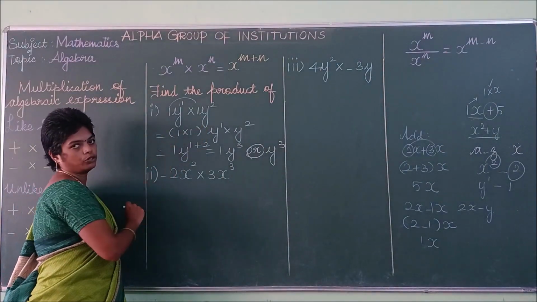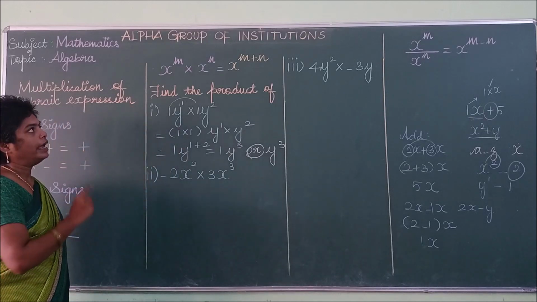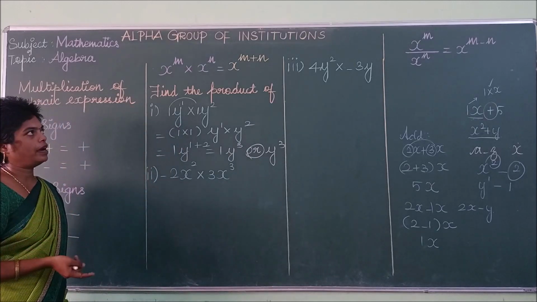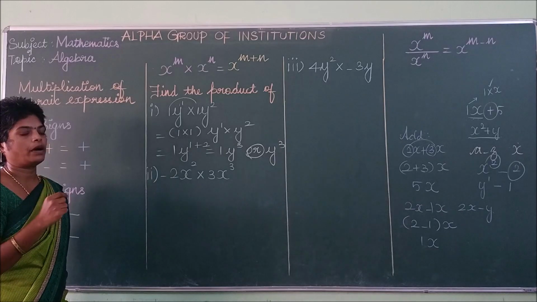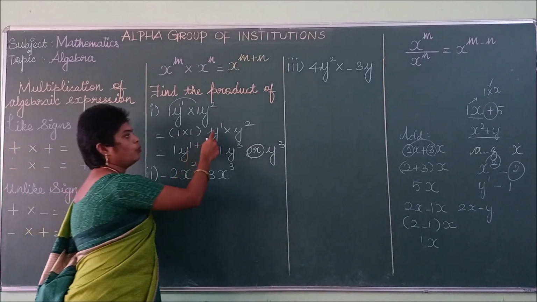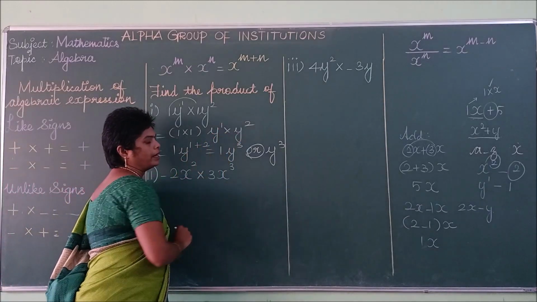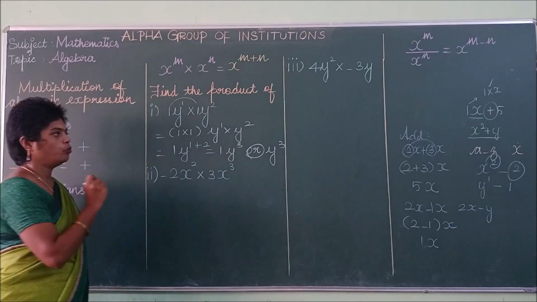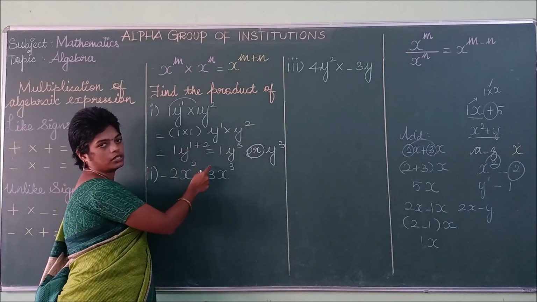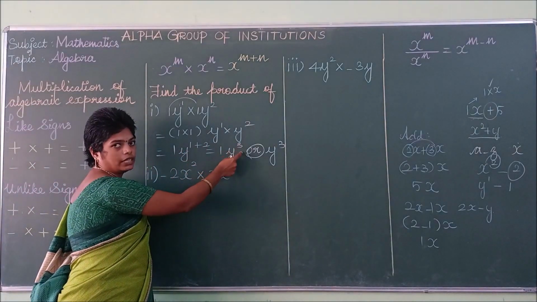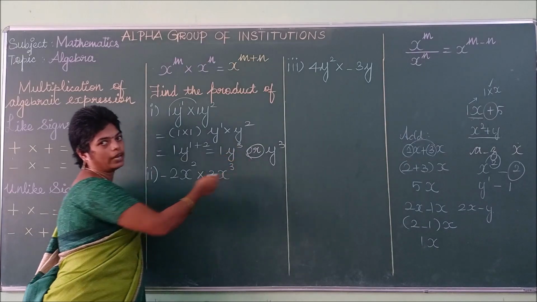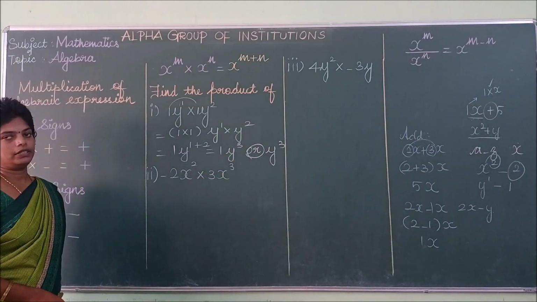Y powers you have to check and use that formula: x power m into x power n is equal to x power m plus n. So y power 1 into y power 2, you have to combine the two values, 1 plus 2, which is equal to y power 3. 1 into y power 3 gives again y power 3.